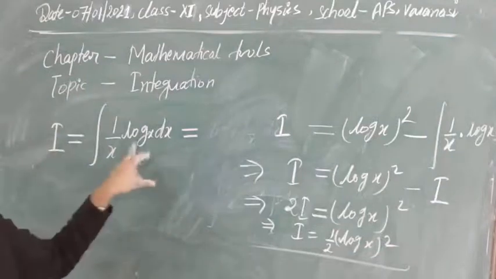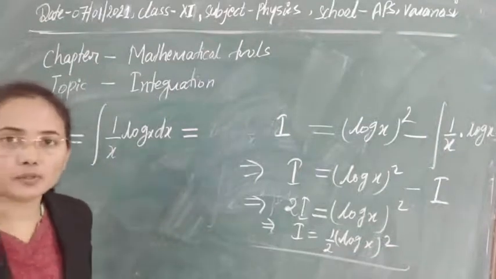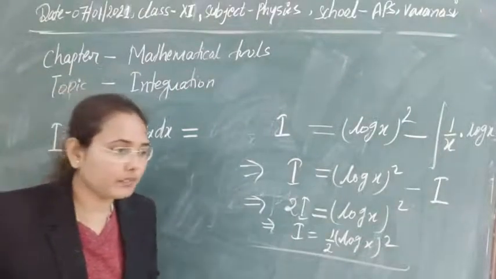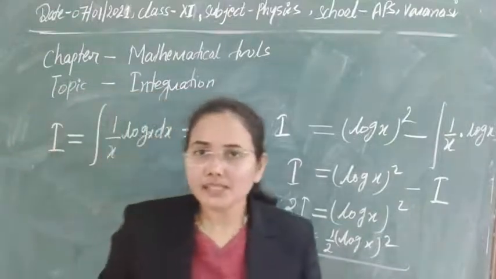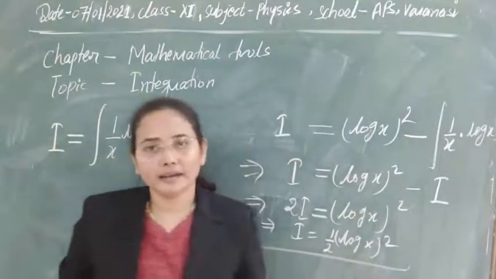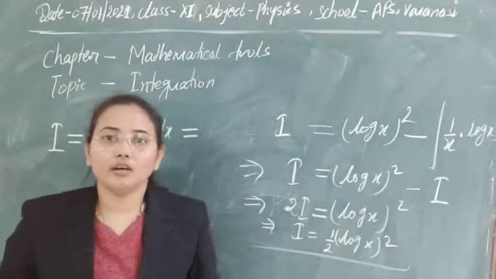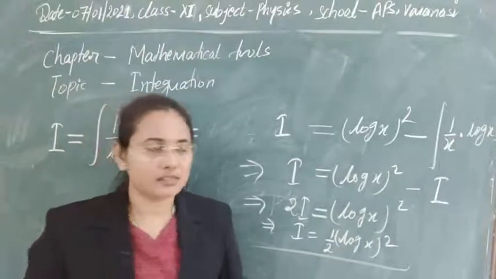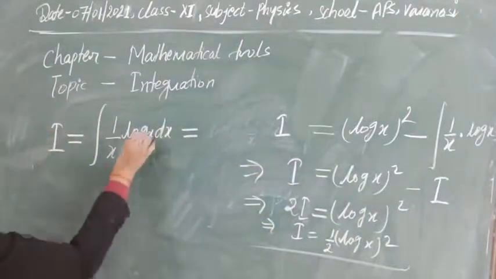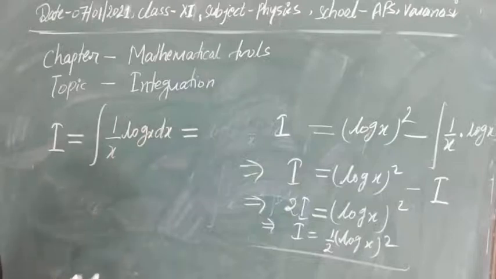Again let's see the same problem with the substitution method. If both answers are the same, it means our methods are identical. We can adopt whichever method is convenient for us. For the substitution method, we take log x equal to y.